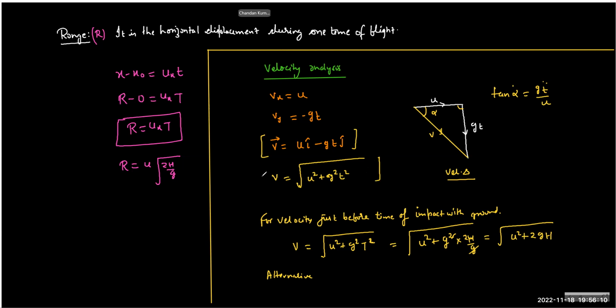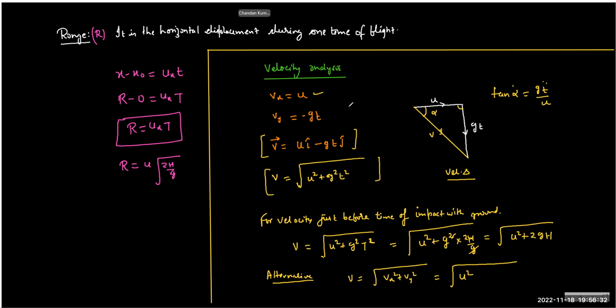This is called time relation. And if you want to find the relation in terms of final position, then we can use the third kinematical equation. So we can write v equals to under root of vx square plus vy square. And vx is u, we know.